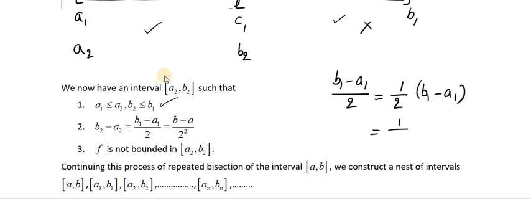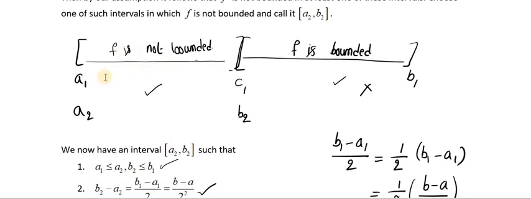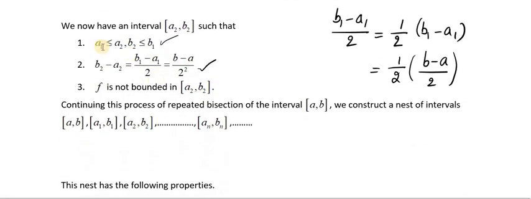So this is equal to 1 by 2 into (B minus A) by 2, 2 into 2 is 2 square. So second one is also taken as granted. In the third one, in this interval F is not bounded. So I think you understand these points.